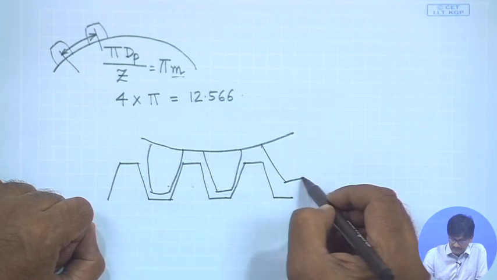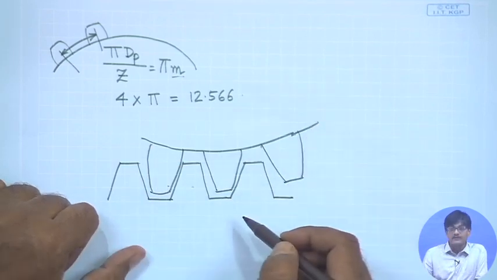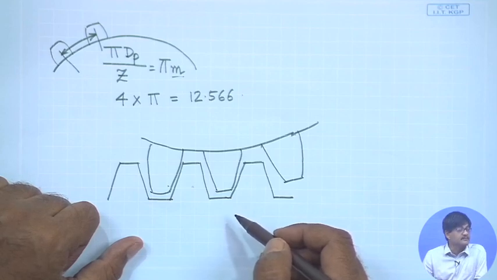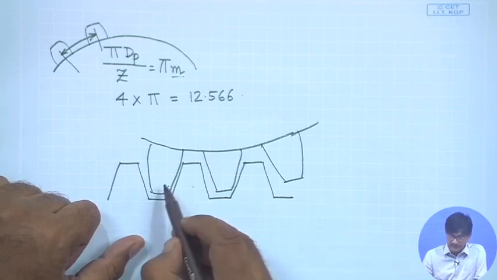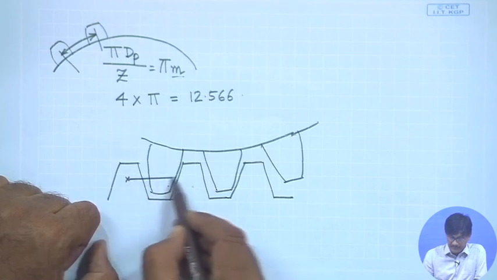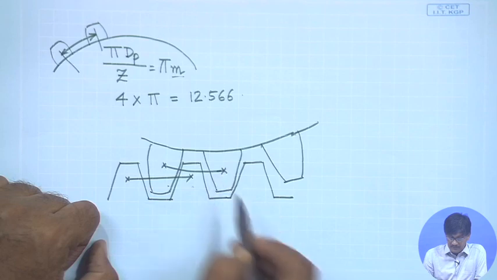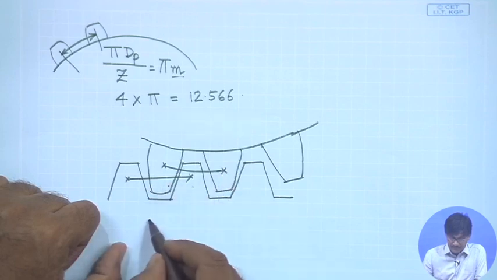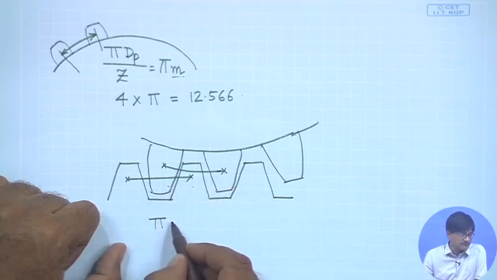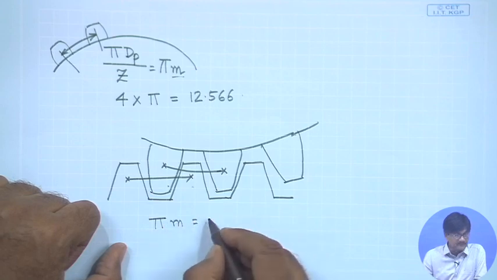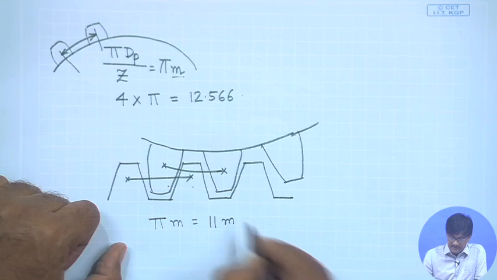We need to find out what is the outer diameter of the pinion. Now, as they are meshing, therefore, linear pitch of the rack must be equal to the circular pitch of the gear. Circular pitch once again is pi into module. So, pi into module must be equal to 11 millimeters.